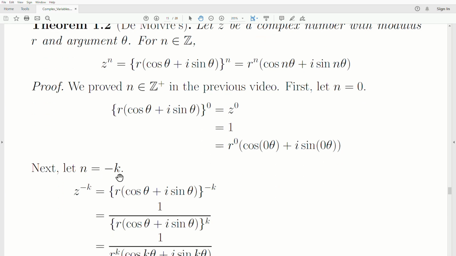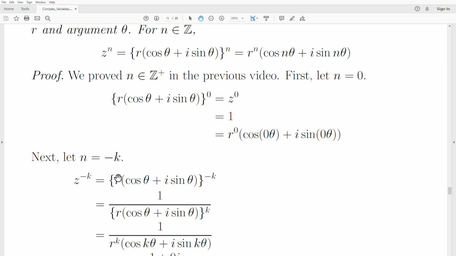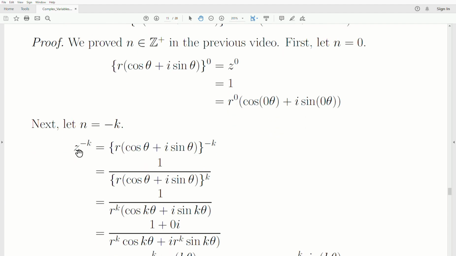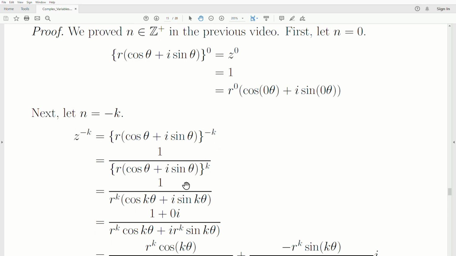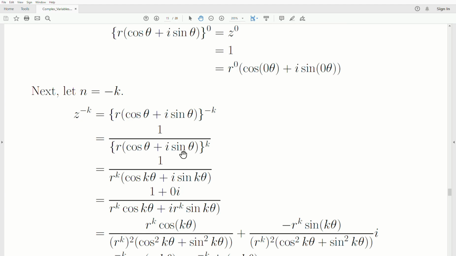Now let n equal minus k, so it's a negative integer. So z to the minus k can be written in polar form like this. The minus k says we take it to the denominator. But now, using the part of de Moivre's theorem that we proved in the last video, since this is a complex number raised to the kth power, we just take r to the k and then the argument times k.